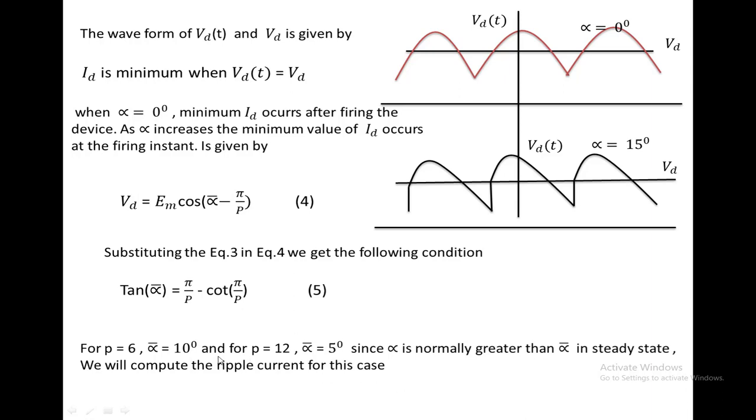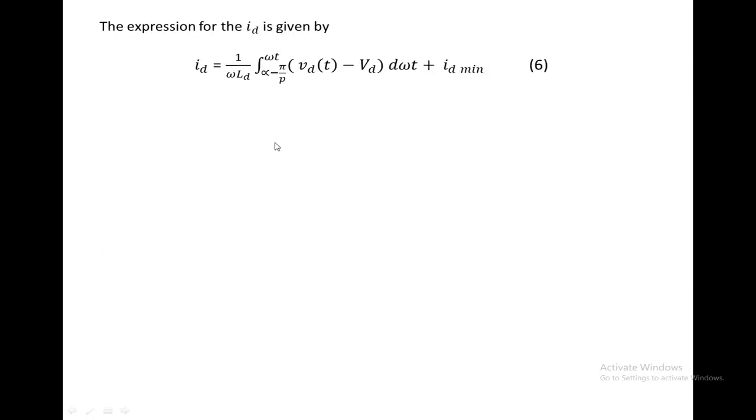Generally, the firing angle is more than this one. So definitely there exist ripples in Id that we can find out. The expression for Id we can find out from the equivalent circuit that we have seen. Id equal to the voltage across the inductor plus Id minimum, integral from alpha minus pi by P to omega t. We know the value for Vd of t and Vd.